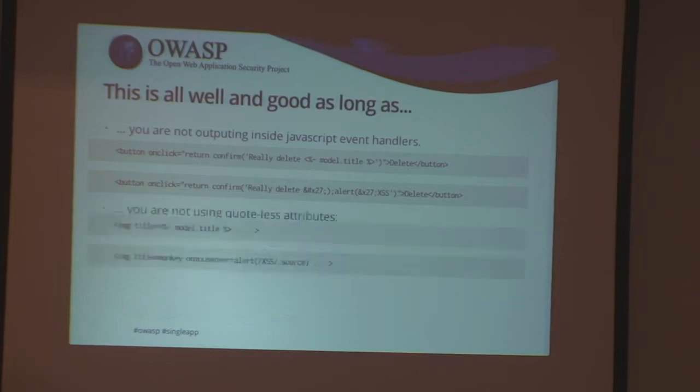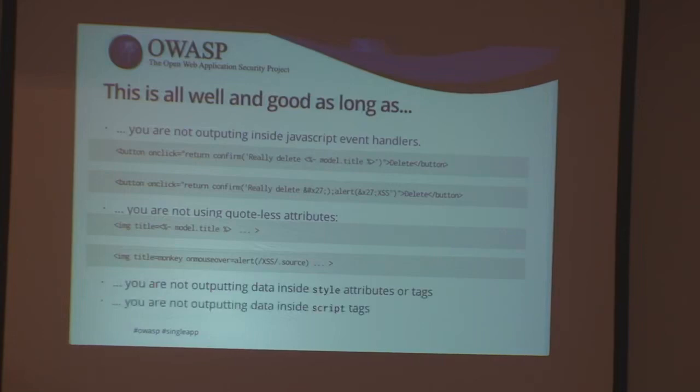As long as we're not using quoteless attributes, because it's not escaping space, so you can run along. As long as we're not outputting data inside style attributes or tags, not outputting data inside script tags. And of course, there's the OWASP XSS prevention cheat sheet, so go look there to see how to test this.